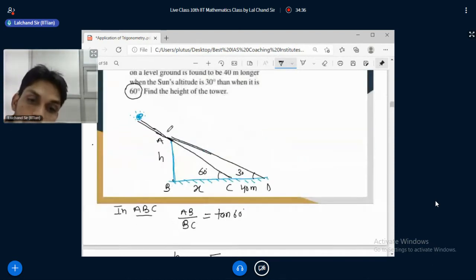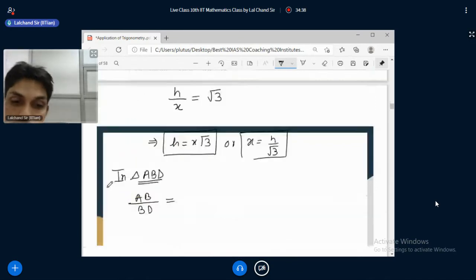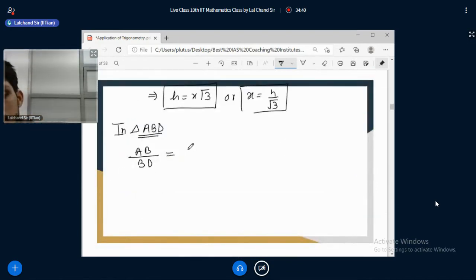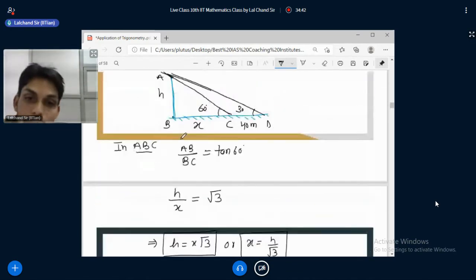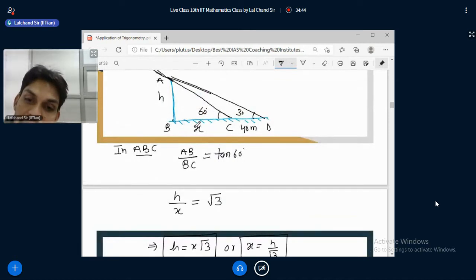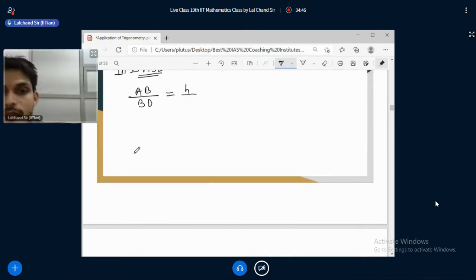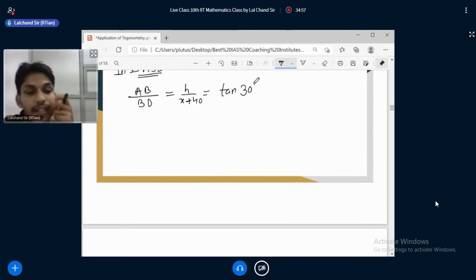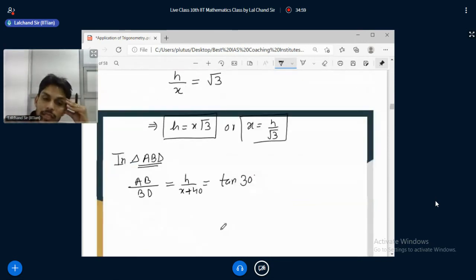Okay, so what is the value of AB? That is H unit. Okay, and what is the value of BD? The value of BD is X plus 40 meter. We can say that is tan of 30 degrees, isn't it? Can we write this equation? You are following up to this.